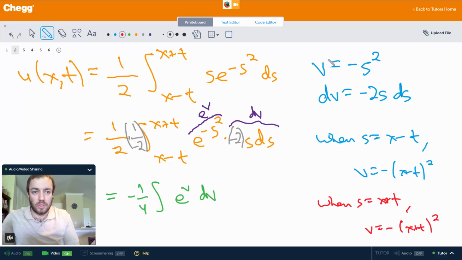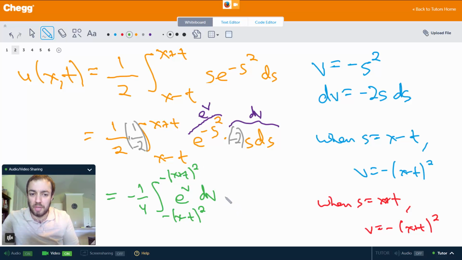Okay, it's just that simple, because remember, v is minus s squared, so when s is this, v is just minus that squared. And when s is this, v is just minus that squared. Okay, so this is going to be, oops, go back to green. This is minus x minus t squared, and then this is minus x plus t squared.